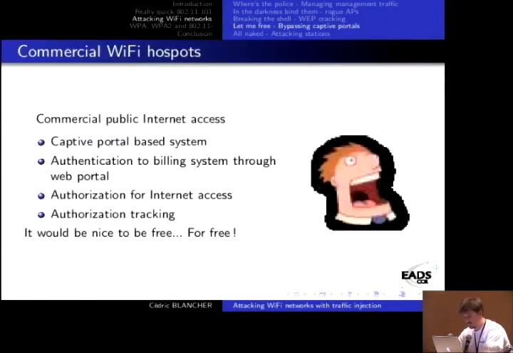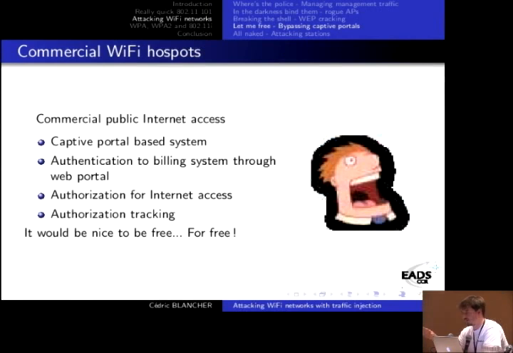So, captive portals. Commercial Wi-Fi hotspots for public internet access, most of them rely on what we call a captive portal. A captive portal is, in fact, a gateway on the network that will allow you to get out once you've been authenticated on a website.